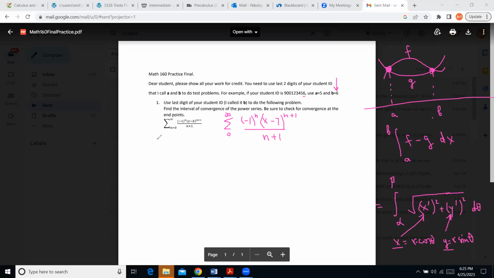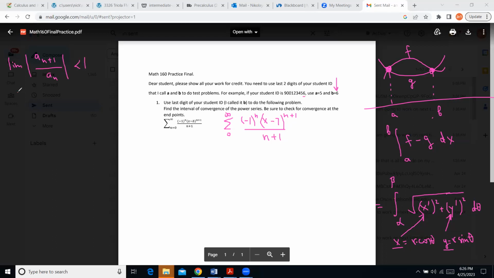Our goal is to utilize the ratio test, because we don't have any power on the bottom. The ratio test is talking about the limit of the (n+1)th term divided by the nth term, in absolute value, that needs to be less than 1.